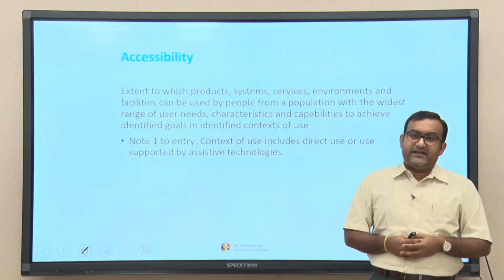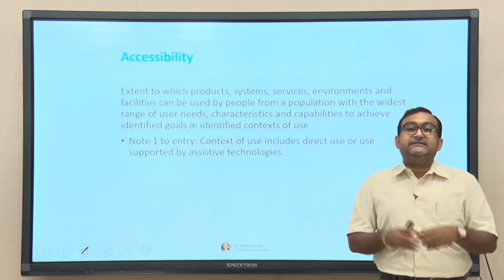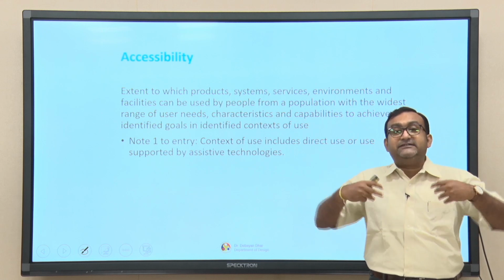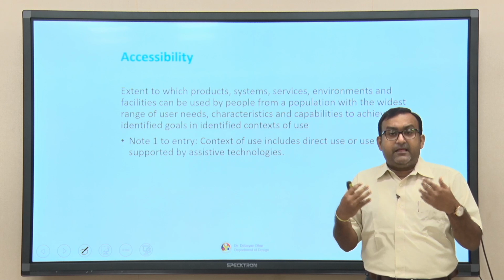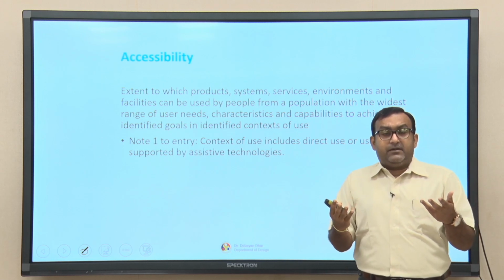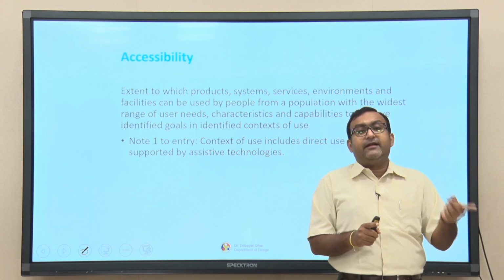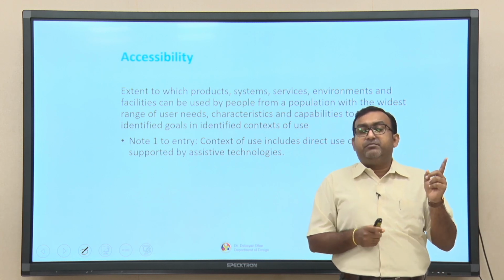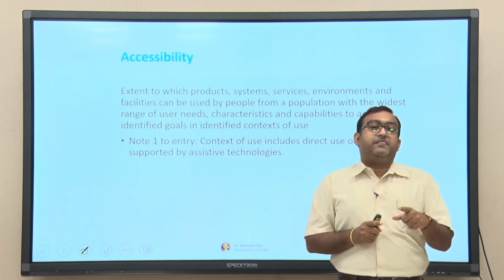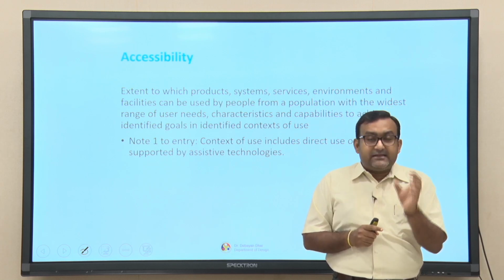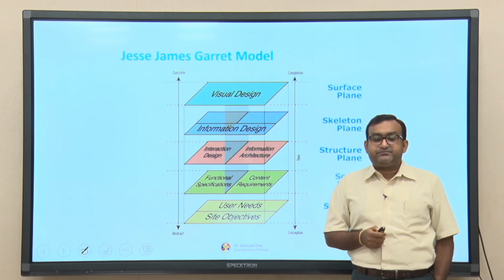So, accessibility is the concern that designers take in order to ensure that the requirements of these special user segments are met, right. That is how we define the word accessibility.